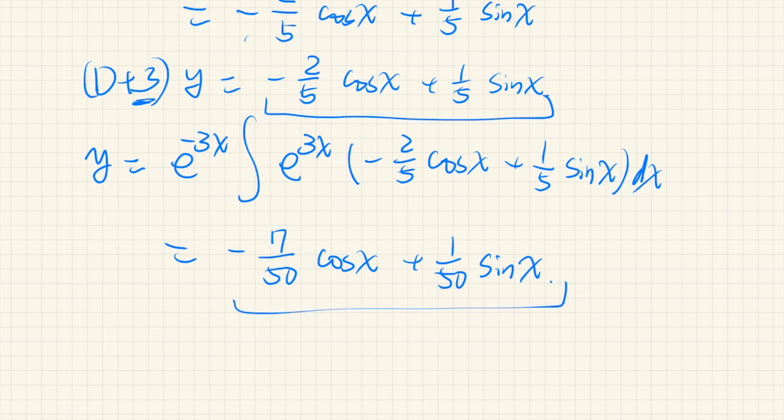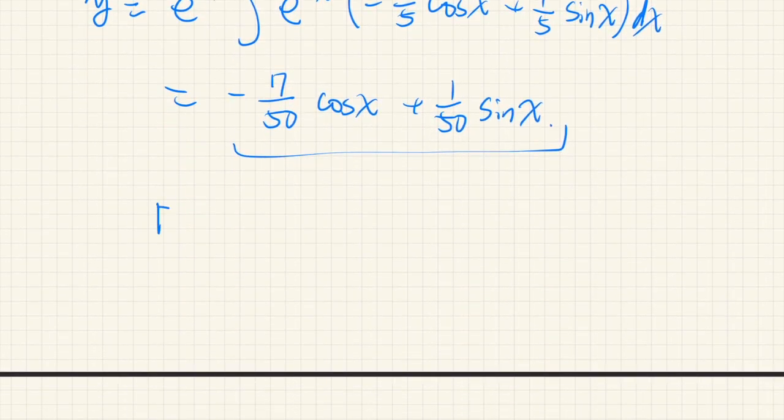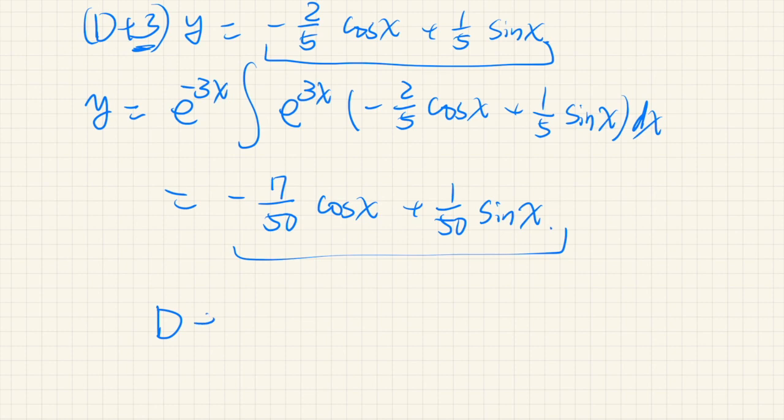And what we need to do is to add the general solution of the homogeneous equation. So the homogeneous equation is D plus 3 times D minus 2, y equal to 0.